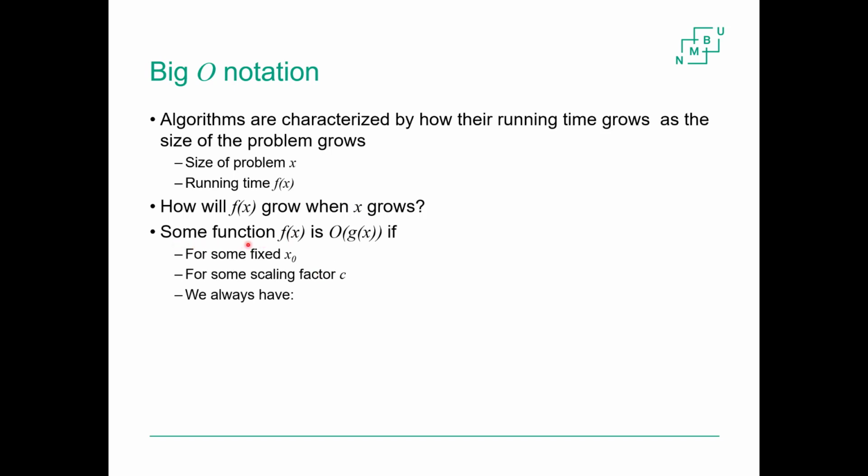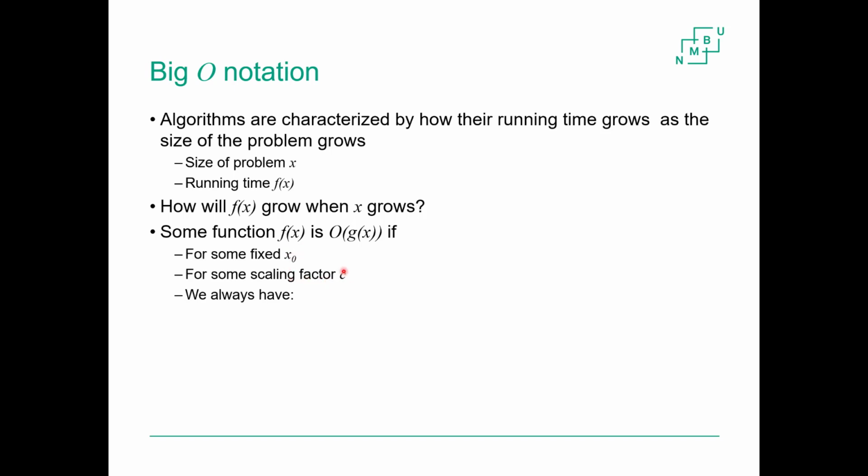And then we typically say that the running time of an algorithm is big O of some function g(x) if there are some criteria. First of all, there is a fixed lower threshold for problem size x, and we don't care how it looks below this value.